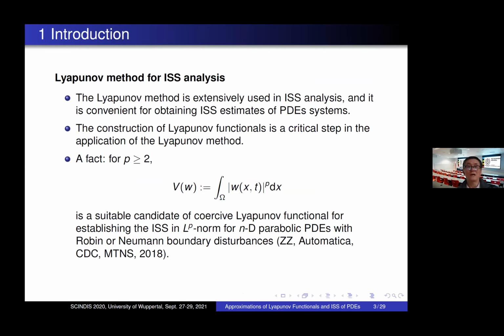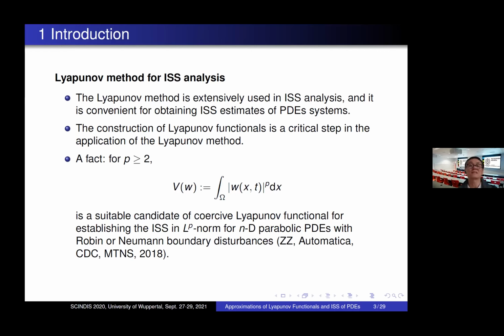In order to apply the Lyapunov method, we have to start by constructing the Lyapunov function, or by choosing a convenient candidate. This is okay for linear systems, finite dimensional or infinite dimensional, where we have a relatively good idea about the form of the function or its candidate, but it is not the case for nonlinear systems. We do not yet have a way of constructing such a function in a systematic manner.